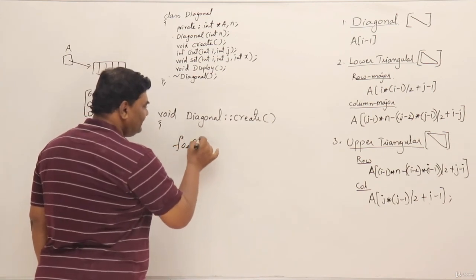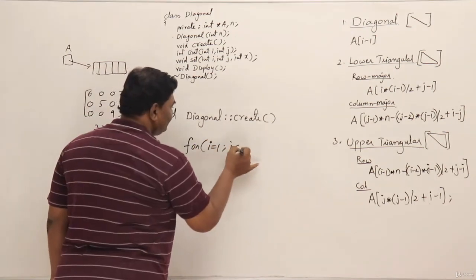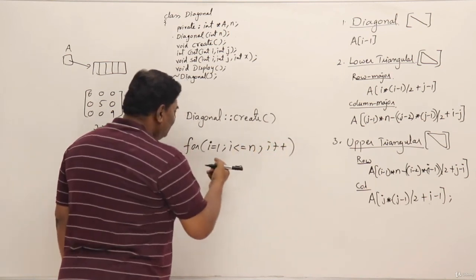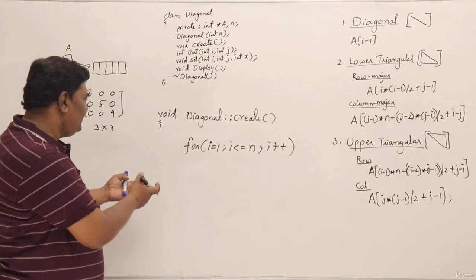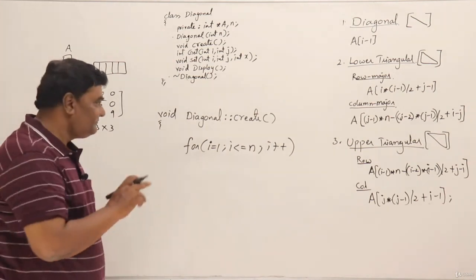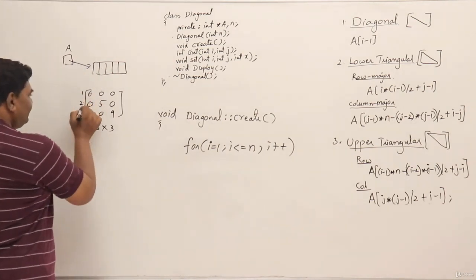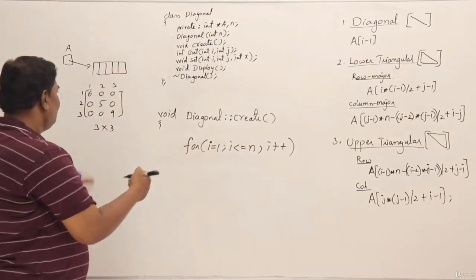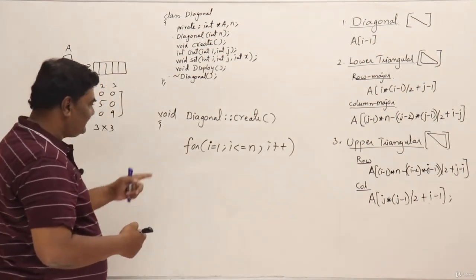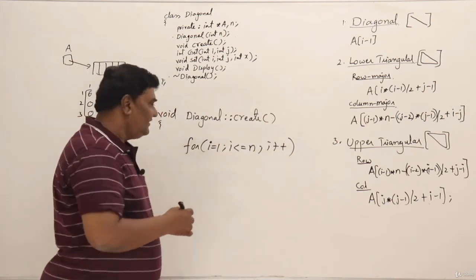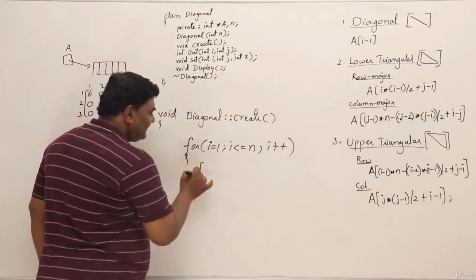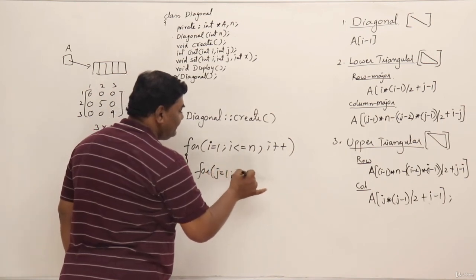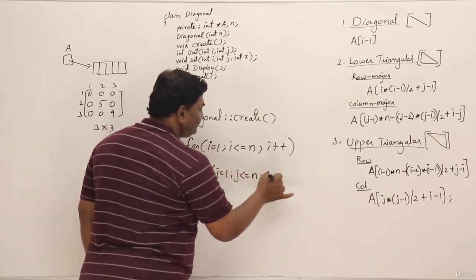For i assign 1, i is less than equal to n, i plus plus. Why 1 onwards? See, usually in for loop we start from 0 onwards. But if you remember, the matrix indices we have taken them from 1 onwards, right? For any matrix, we have started the indices from 1 onwards. So that's the reason I am starting from 1. Then, next for loop for j assign 1, j is less than equal to n, j plus plus.